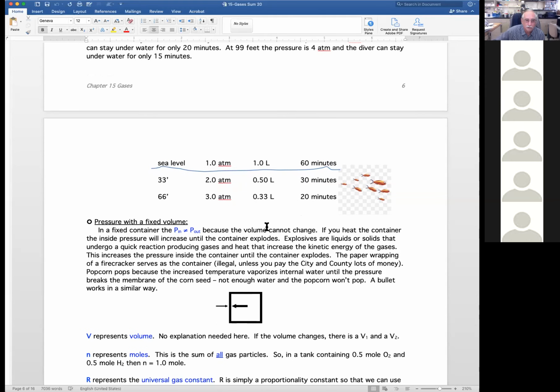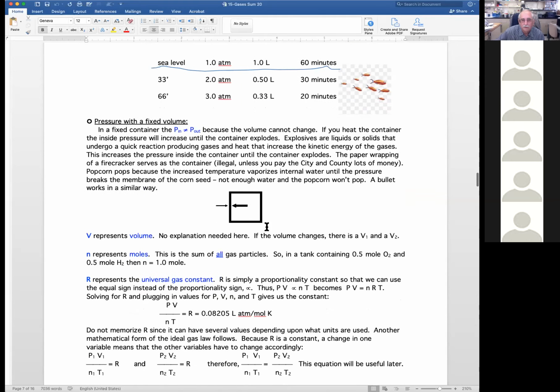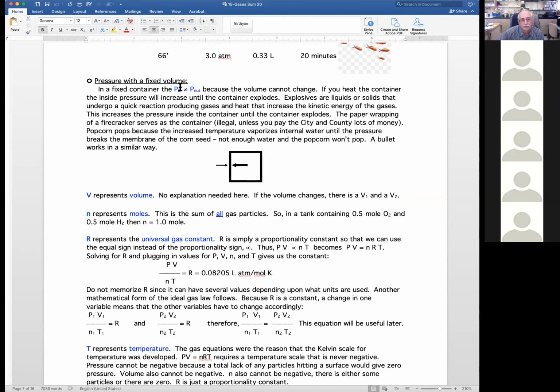Then we have pressure with a fixed volume. So here, the pressure in does not have to equal the pressure out. So that's either a bomb that explodes or, say, a bomb that implodes if the container walls break. So how does a firecracker work, or a bullet, or things like that?